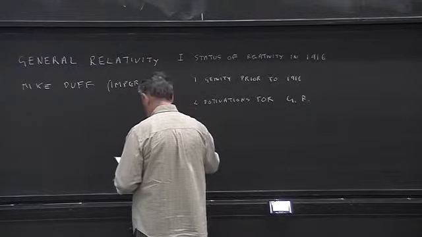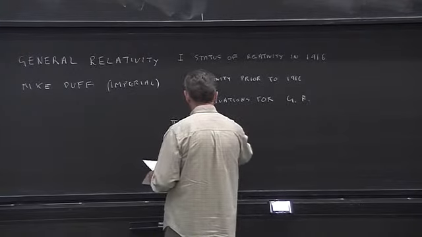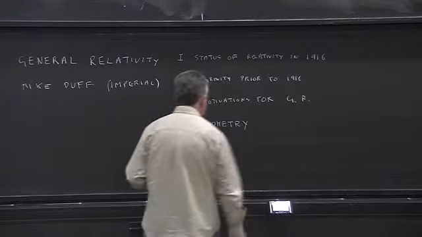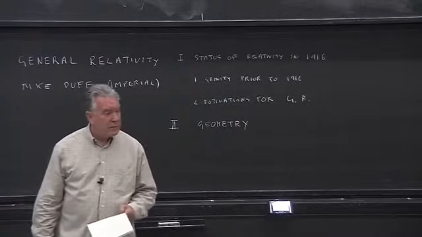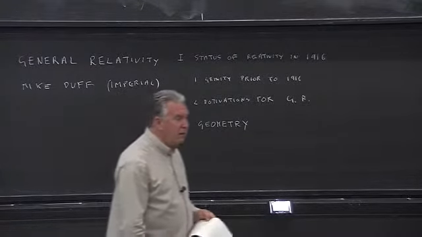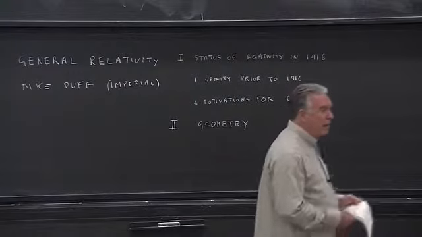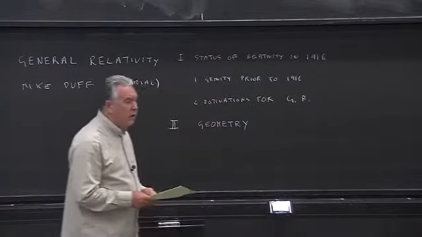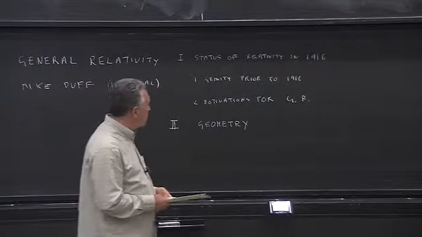Part 2 will be geometry, because as you probably know, Einstein's theory of gravity is a theory of curved space-time, and he makes use of the work of Riemannian geometry that was well known to 19th century mathematicians.